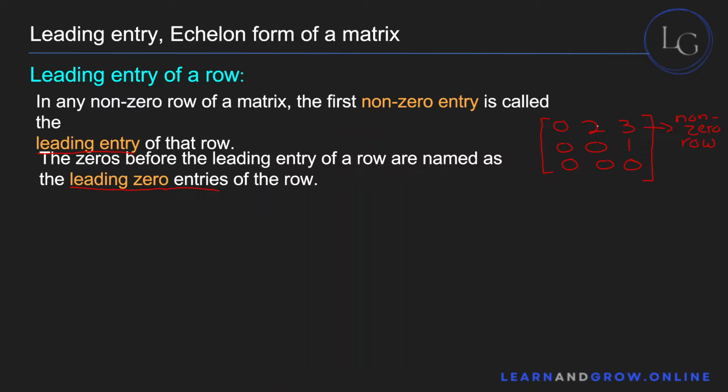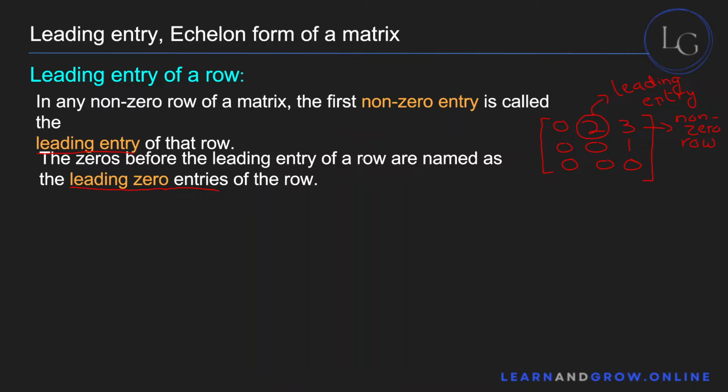The first non-zero entry, which is this 2 here, is the leading entry. This is the leading entry.